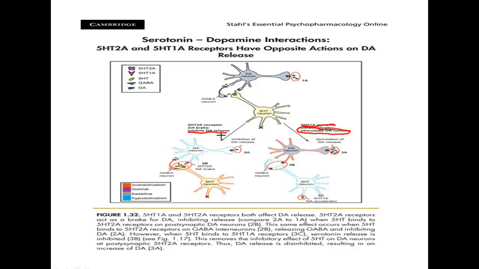You also see interaction through GABAergic neurons, and there are other ways they're connected. So 5-HT1A stimulation leads to excessive release of dopamine, and stimulation of 5-HT2A receptors leads to a paucity of dopamine release.